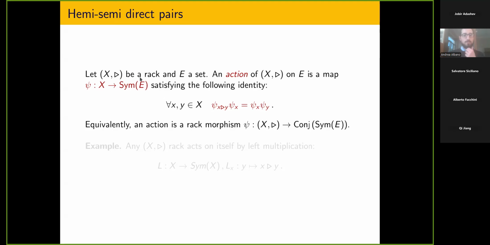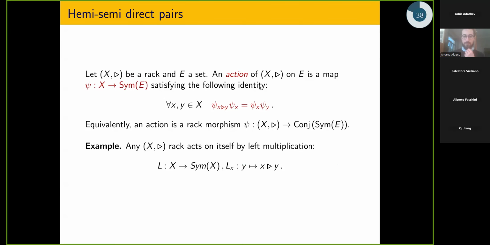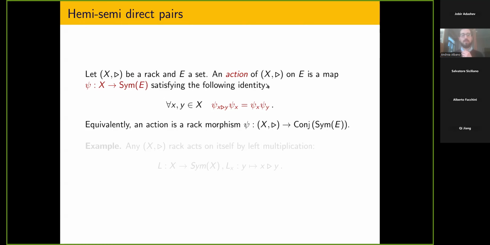So to do this, start from a rack, X triangle. I'm sorry if I'm changing notation, by the way. Just for the sake of this definition, define an action of X triangle on a set E to be a map psi from X to the symmetric group of E, satisfying the equation that you see on screen. Of course, this definition is also valid in the case of shelves, but we're sticking with racks for now.